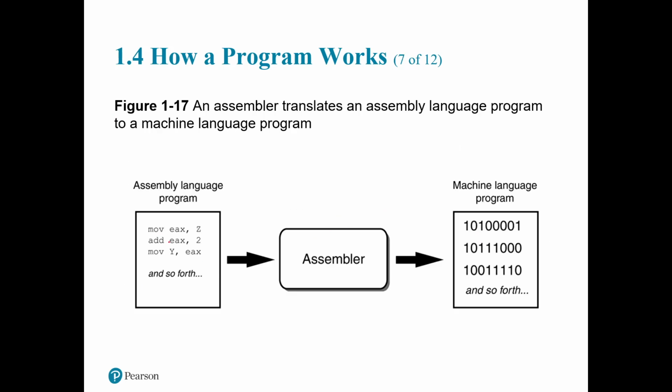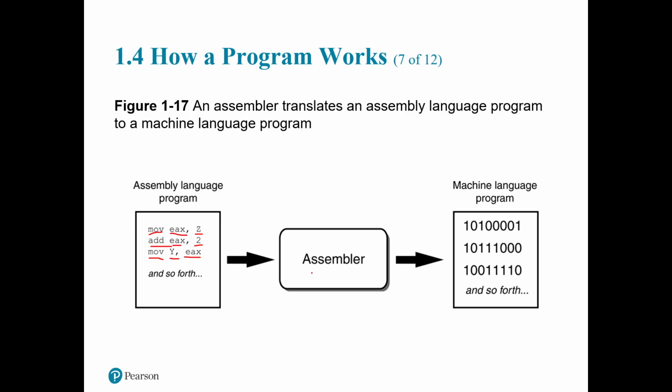This is what it would look like. This is a program written in assembly language. Move some variable to location Z, then add 2 to this variable, and then move some other variable to the location where our first variable was located.